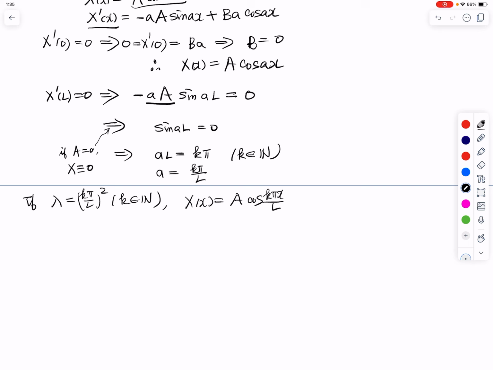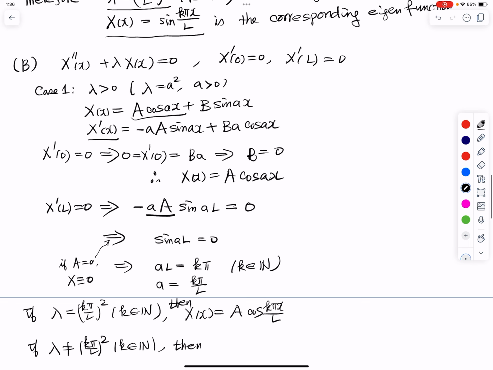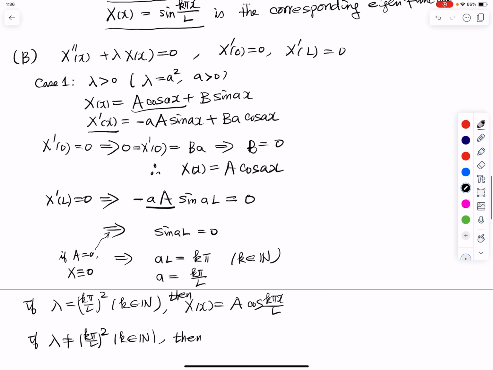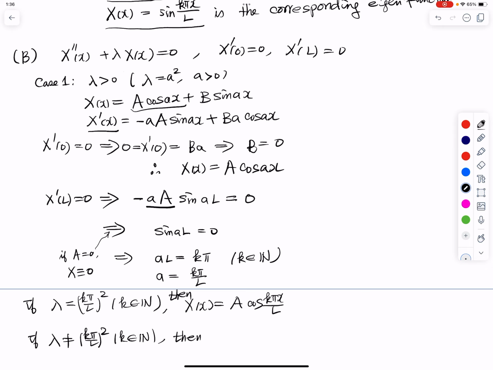And then if lambda is different from k pi over L squared for any n, then in x of L, if it's not equal to this, then this cannot be 0.